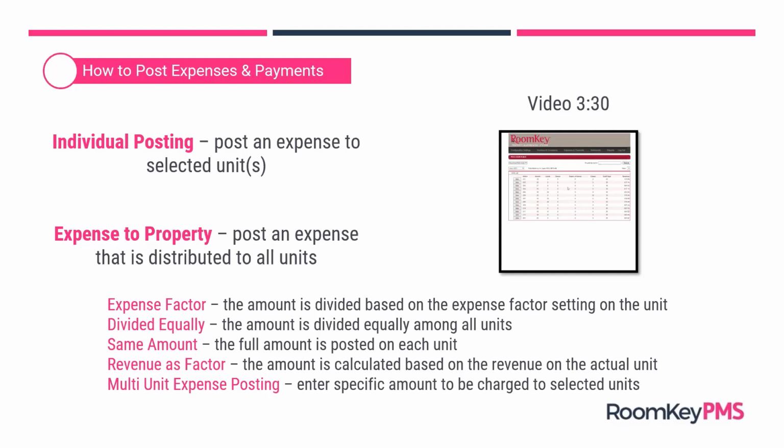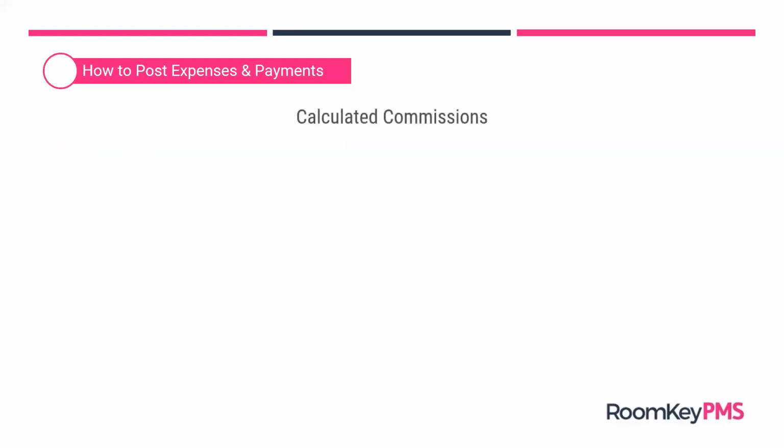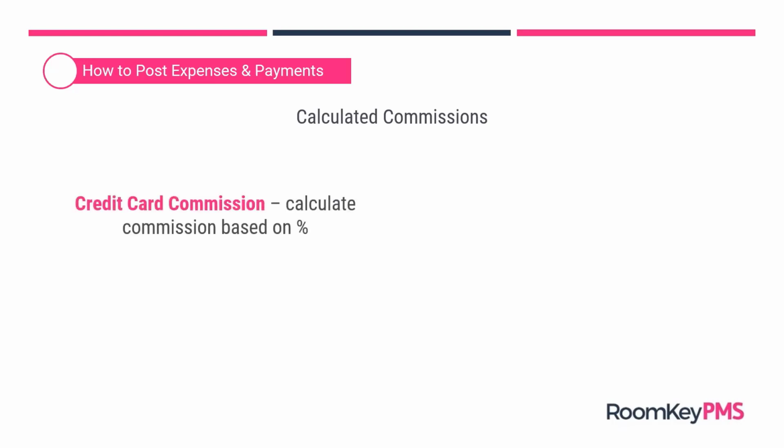There are some types of expenses and postings that we can automate or automatically calculate. When we look at automatically calculating different commissions, we have two different types of commissions that you can calculate inside HOA. The first one is credit card commission.